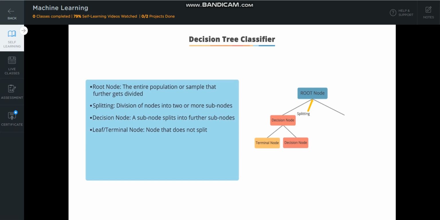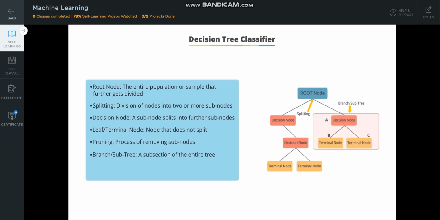It is the node that does not split. Pruning. It is the process of removing subnodes from a decision node. Branch, subtree. A subsection of the entire tree is called a branch or subtree. Parent and child node. A node which is divided into subnodes is called a parent node of the subnodes, whereas the subnodes are the children of the parent node.